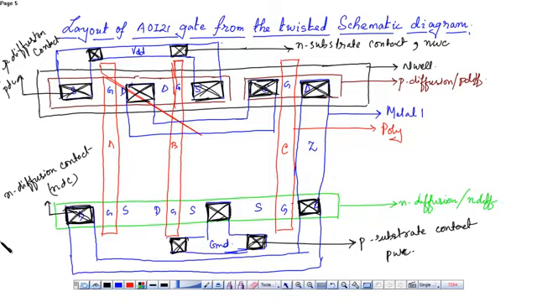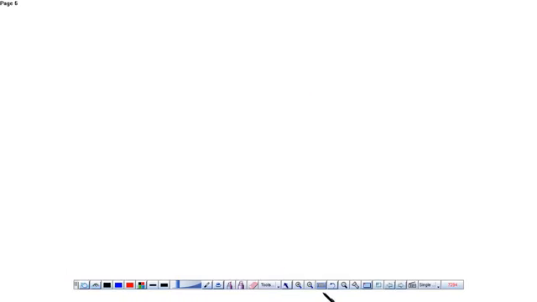Let's see the normal schematic diagram. Now let's see the layout of an AND-OR-invert gate from the untwisted schematic.